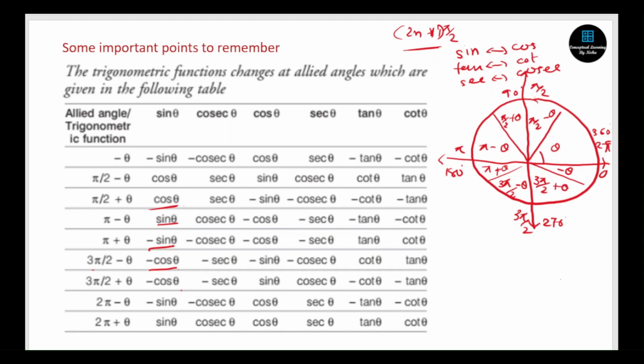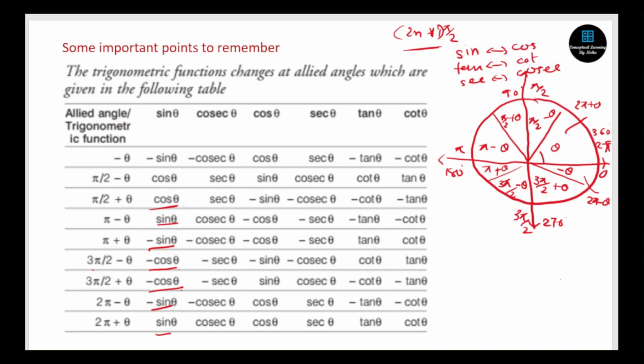This angle is 3 pi by 2 plus theta. Fourth quadrant, in the fourth quadrant sine is negative, sine changes to cos, so this is negative cos theta. Alright, then 2 pi minus theta. This angle is 2 pi minus theta. Fourth quadrant, sine is negative and sine remains sine, so this is minus sine theta. 2 pi plus theta, first quadrant, so this is positive. I hope you understand how I did this, right?